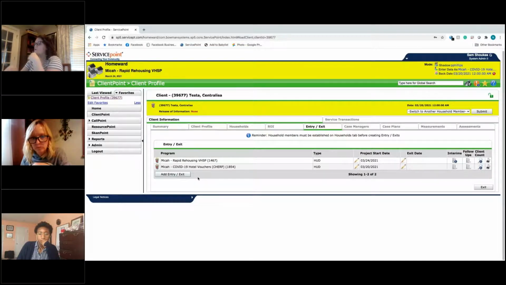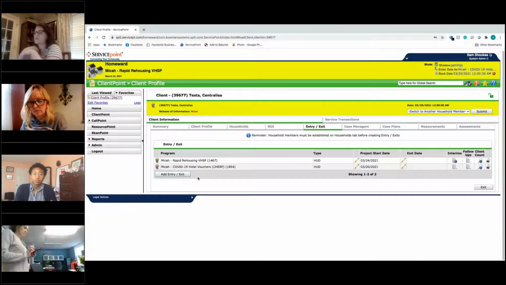You can have a dual enrollment for a shelter or a street outreach project, and then also for a permanent housing project. Being enrolled at the same time in 2 shelters doesn't make sense. Being enrolled 2 times at the same time for 2 housing projects isn't allowed. But the dual enrollment for shelter and a housing project is.